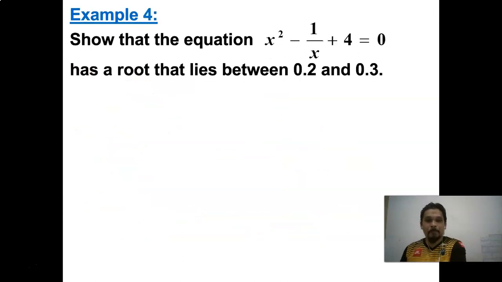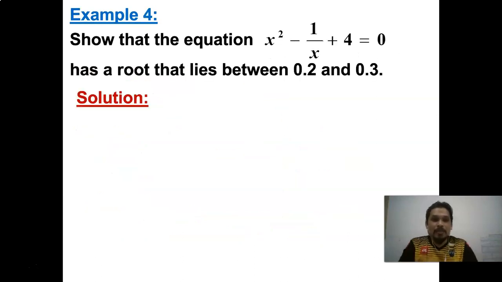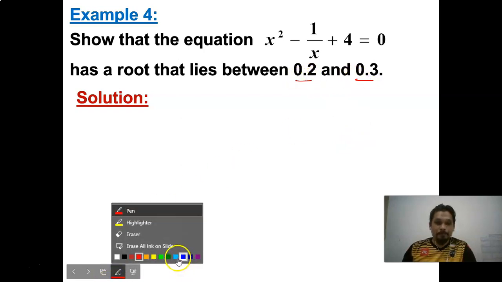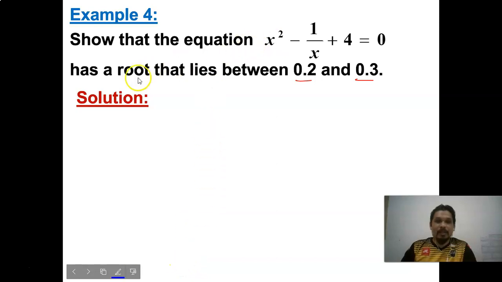Okay. And now, show that the equation f(x) = x squared minus 1 over x plus 4 has a root that lies in between 0.2 and 0.3.